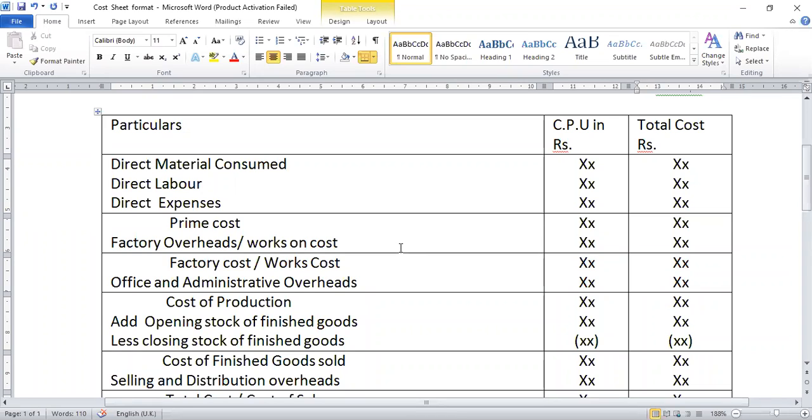There is more than one or two factory overheads, three factory overheads. So that step also we are going to add here. Just like vertical, एक के नीचे कैसे लिखते थे हम लोग, just like that. Then again in office and administrative overhead, there will not be only one office and administrative overhead. There are many more office and administrative overheads that we have to add here and show the total in the outer column. Got it?